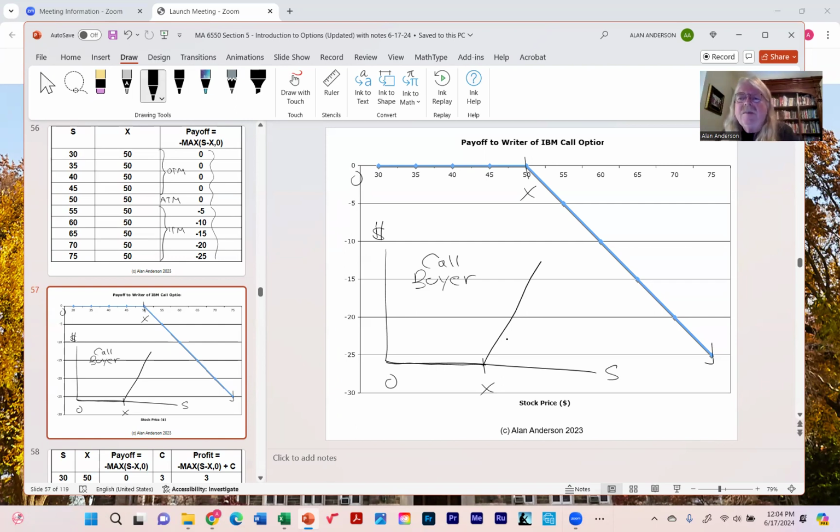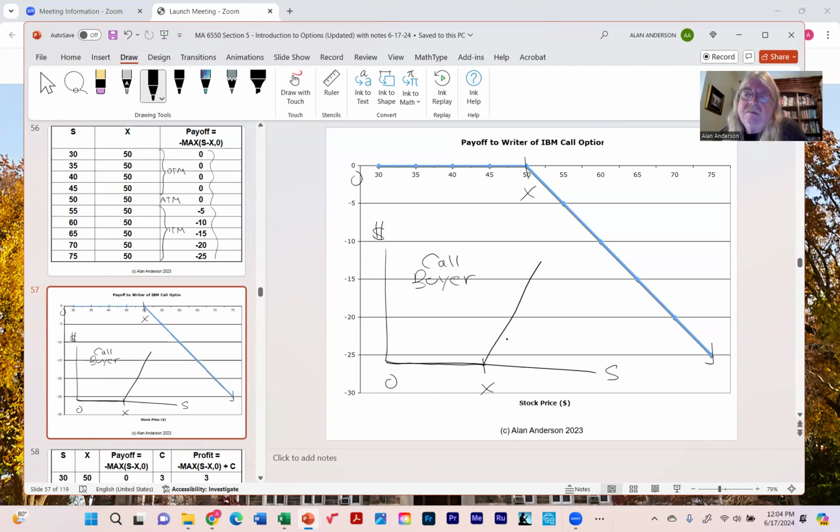In other words, if I buy this IBM stock and suddenly they discover some amazing thing that they've been working on, and the price of their stock goes through the roof, the seller of the call option to the buyer is going to lose an awful lot of money, probably way more than what they collected on the premium. Their loss percentage could be hundreds of percentage points, or even thousands.